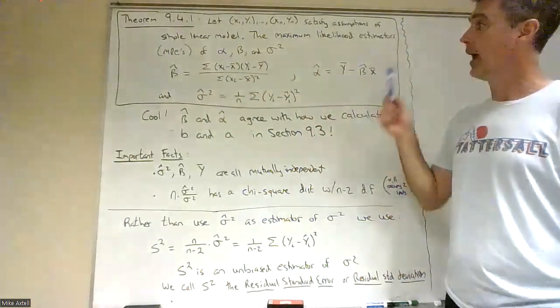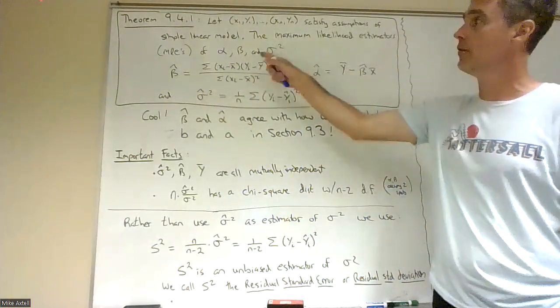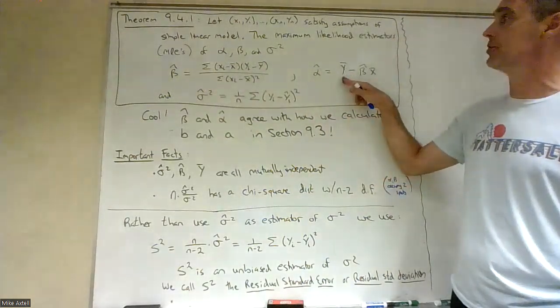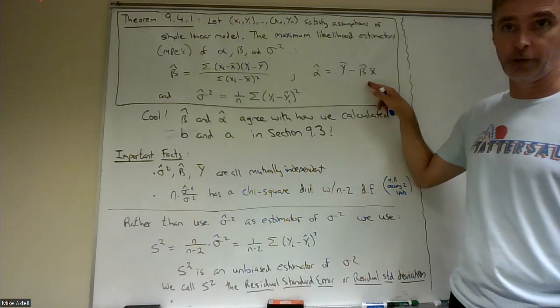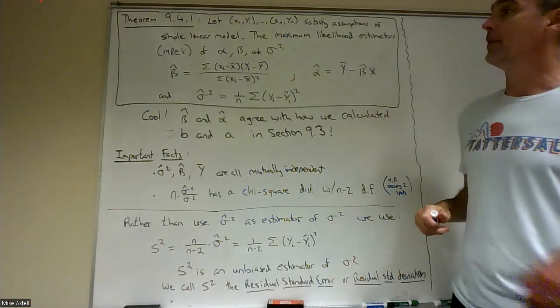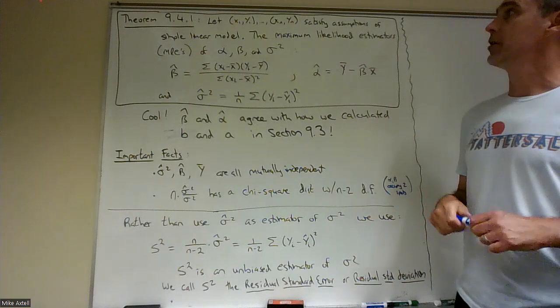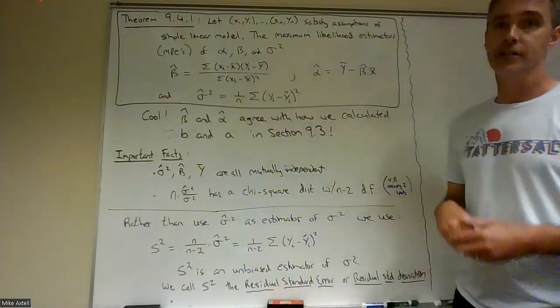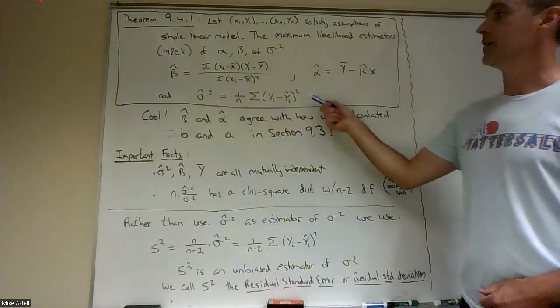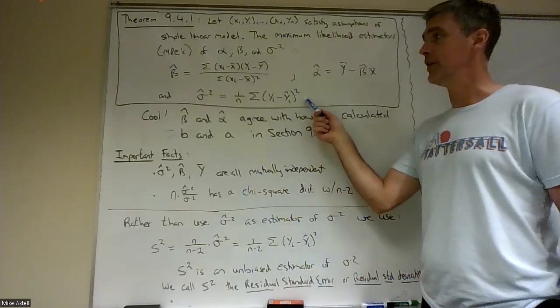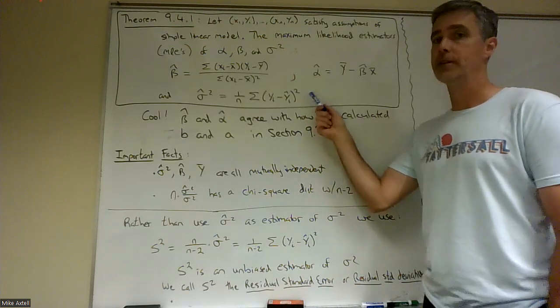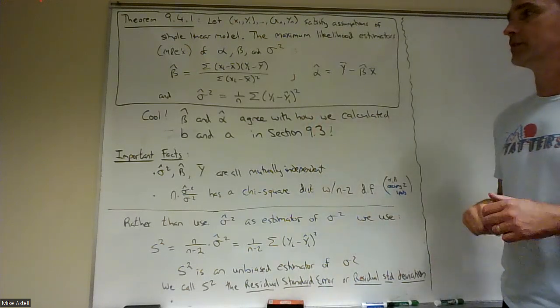The maximum likelihood estimator of alpha, the intercept, is the mean of the y's minus beta hat times the mean of the x's, which should look familiar as well. And the maximum likelihood estimator of sigma squared, the variance of the y's given an x, is given by this quantity, which might not look quite as familiar, but it's not too far out of line with what we've seen before.